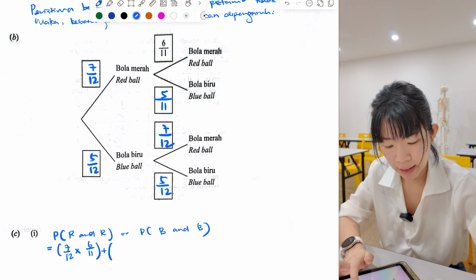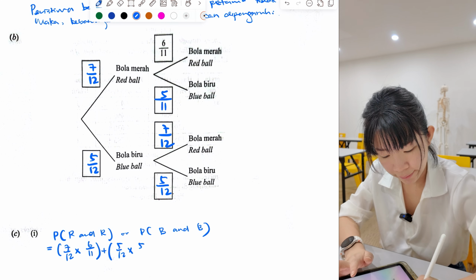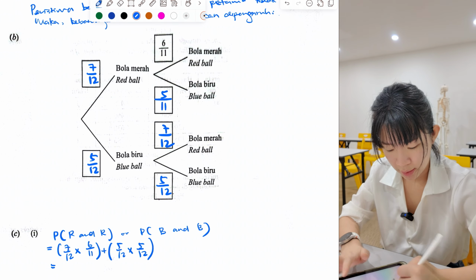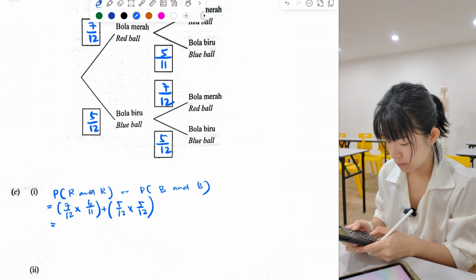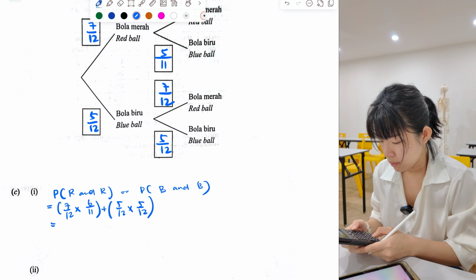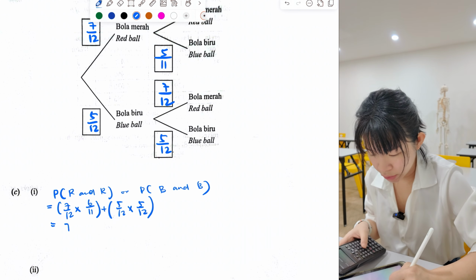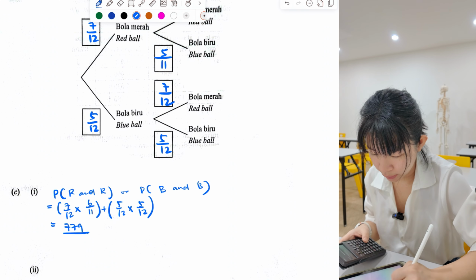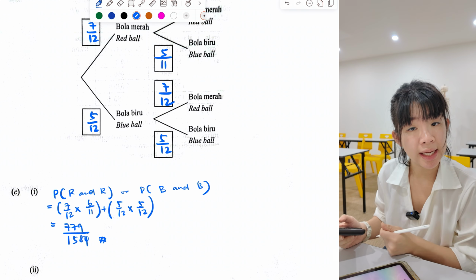"Or" means plus. We start all over again. So if it's blue, 5/12, blue again, 5/12. Let's check the final answer. 779/1584. So this is the probability at the end.